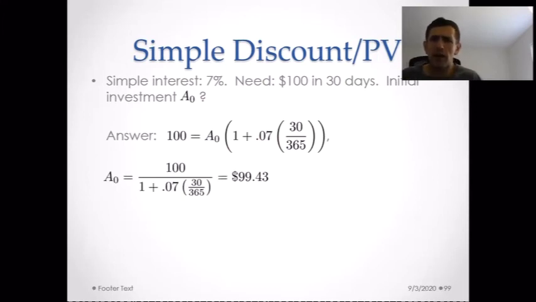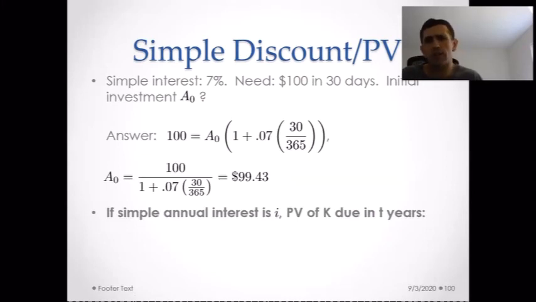And divide by this whole thing here, and we get $99.43. That's how much I need to invest now in this account at simple interest of 7% to get $100 in 30 days. If that makes sense, you understand present value when it comes to simple interest. Okay?